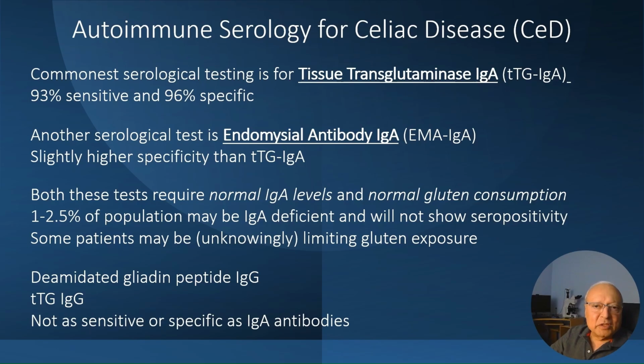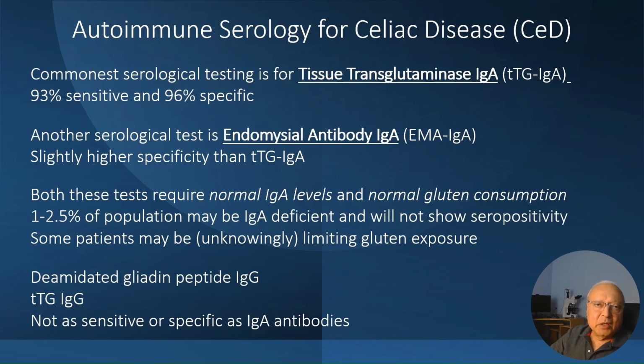And when some patients are limiting gluten exposure knowingly or unknowingly, these tests may be falsely negative while the patient really has celiac disease. Now, if you are IgA deficient, you might have to depend on IgG antibodies.